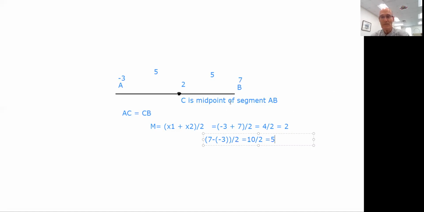And then if you look on my picture up here, 5 sits about right there, and it's fairly obvious that 5 is not halfway between this -3 point and this 7 point. So I know that this is not a good answer. So when you draw pictures and you're doing midpoints, the picture will tell you if you got a good answer, okay?